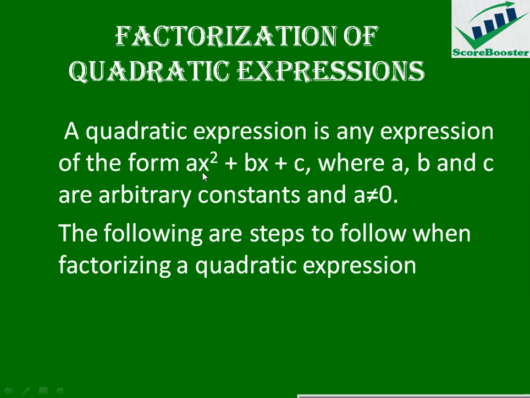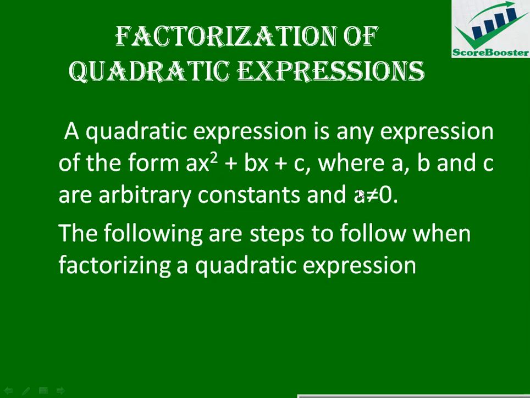My explanation again: your unknown variable will repeat itself in the first and second term. If you have a here and a here, a is your unknown variable, and for it to be quadratic, the highest power of your unknown variable will be 2.